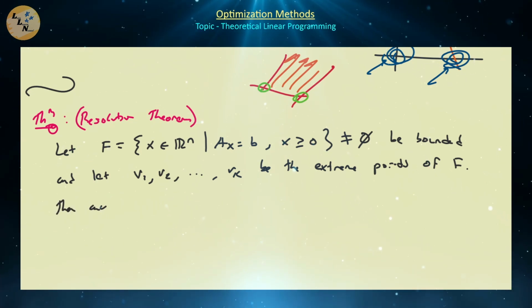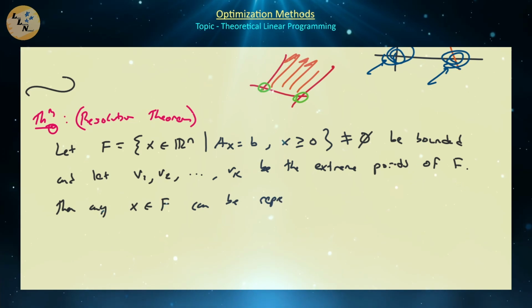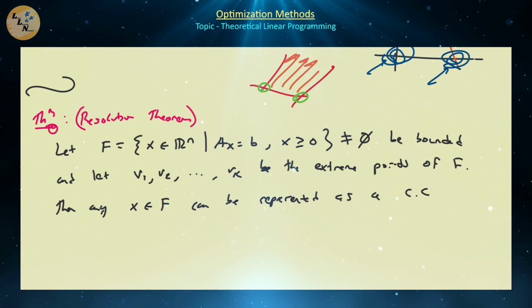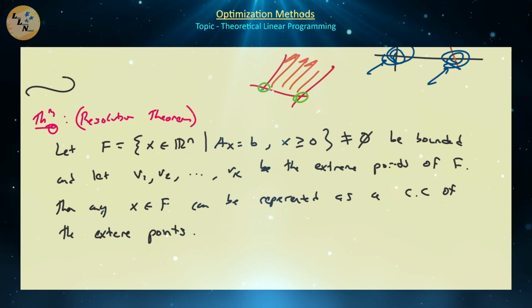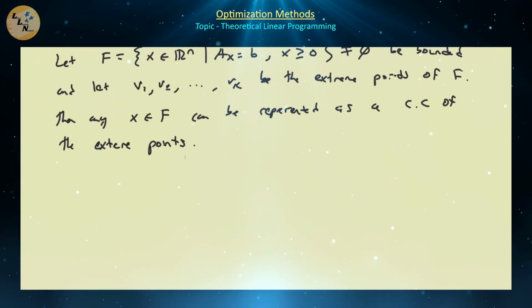Then any x in the feasible region, extreme point or not, can be represented as a convex combination of the extreme points. This is a very, very important representation.